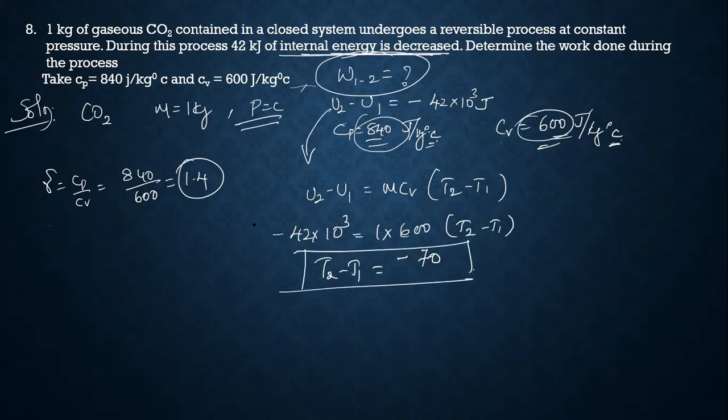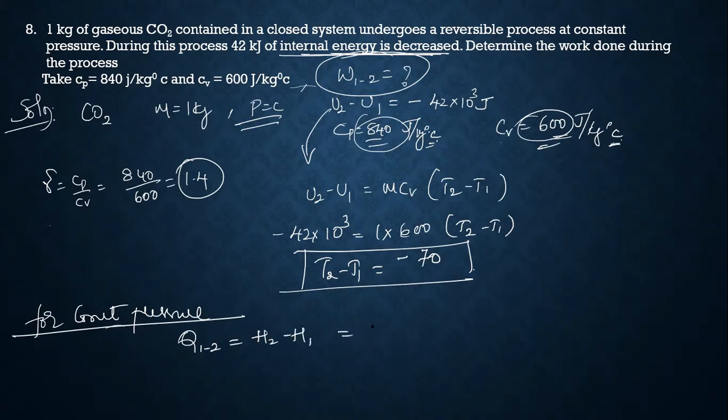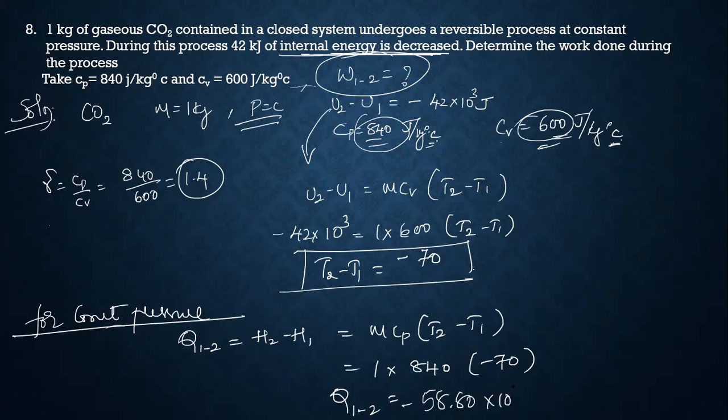And substitute this to the heat transfer for constant pressure process. For a constant pressure process, heat transfer is the change in enthalpy. Change in enthalpy is m Cp T2 minus T1. M is 1, Cp is 840, and T2 minus T1 is minus 70. Therefore, Q1 to 2, we will get minus 58.80 into 10 to the power of 3 joules.